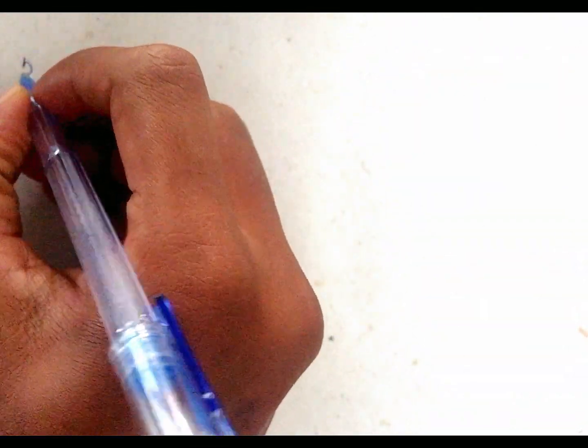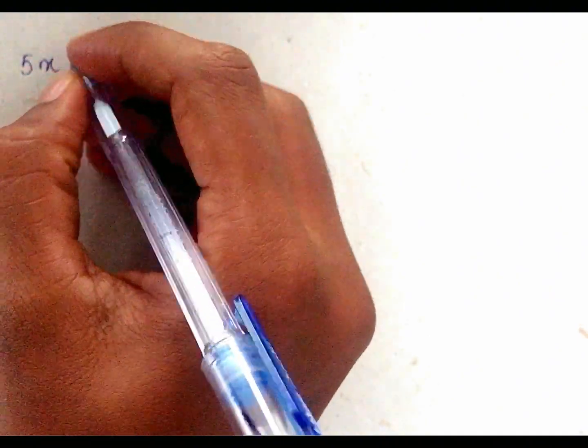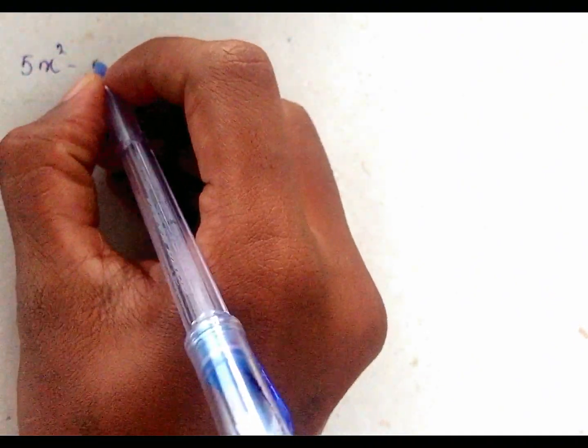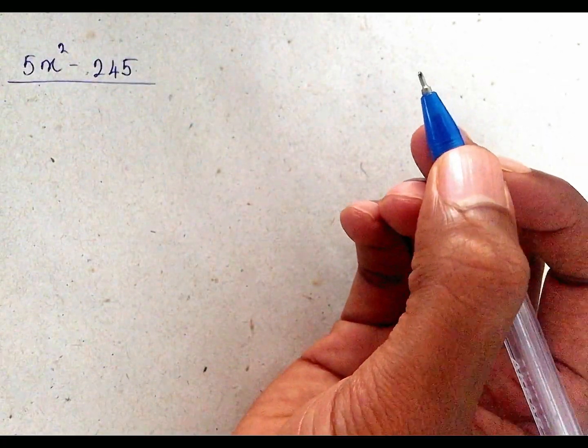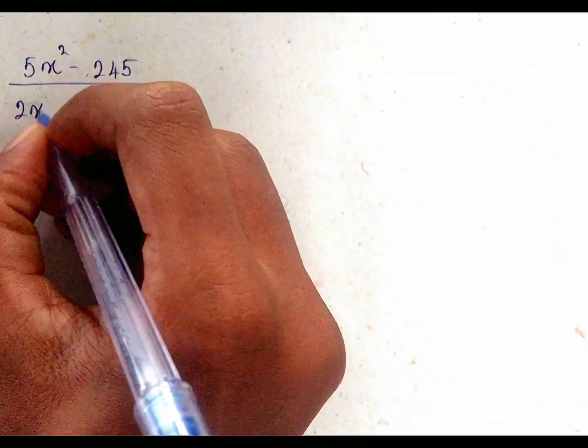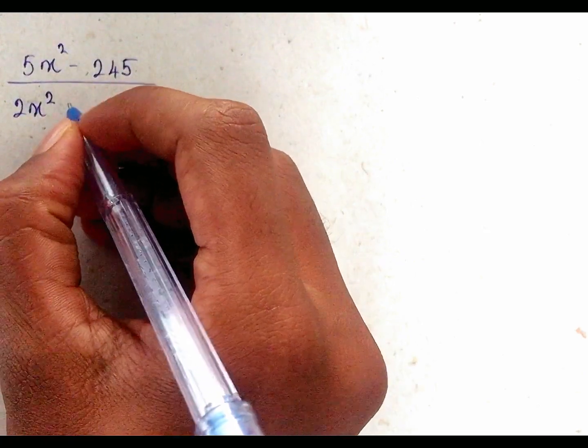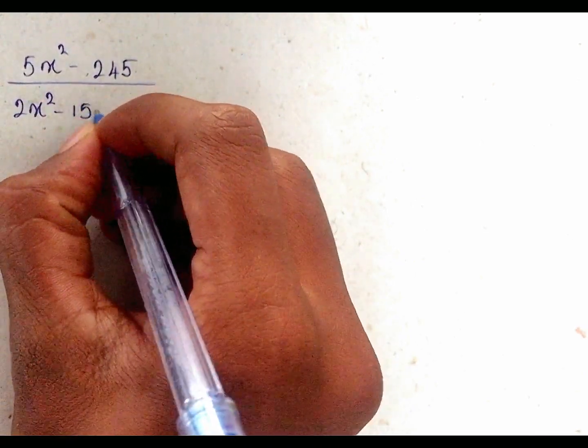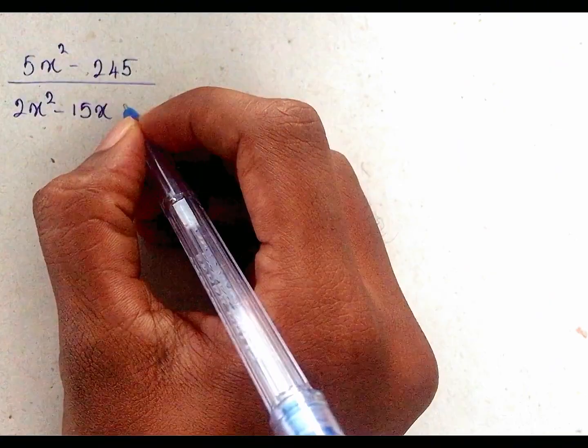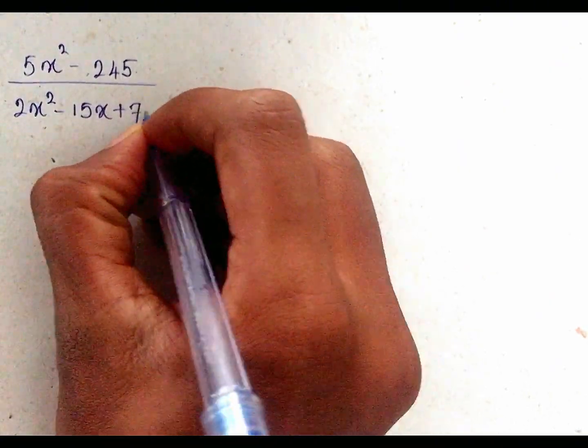It says 5x squared minus 245 over 2x squared minus 15x plus 7. First you need to factorize the denominator and numerator.